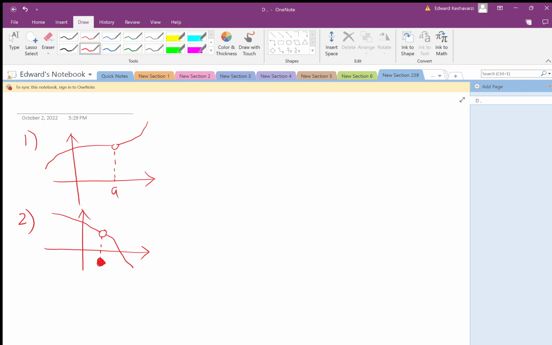It is obvious that in these two graphs, limit at a does exist. However, there are two scenarios about f of a.